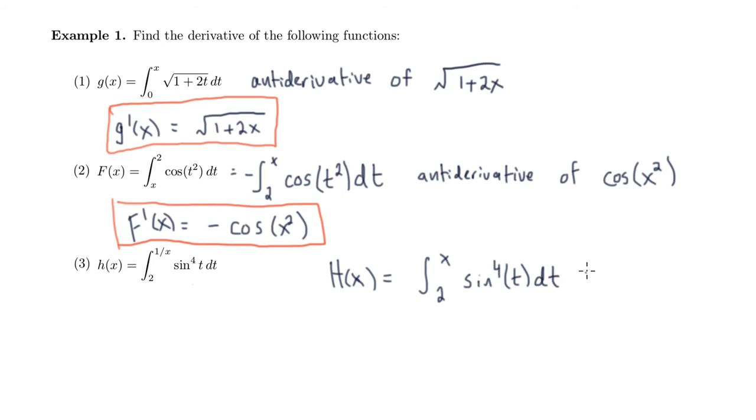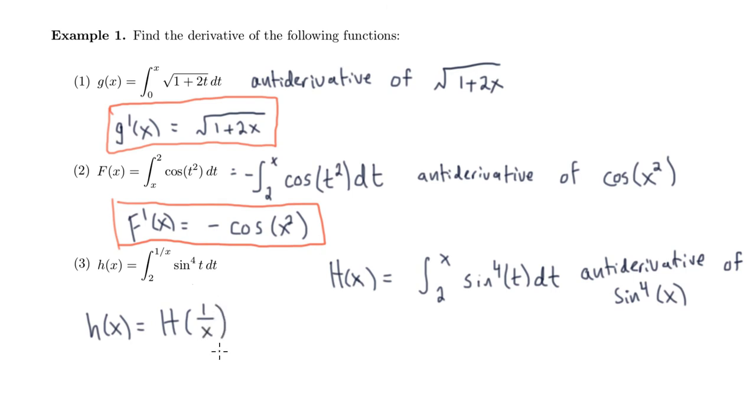And notice that this function is an antiderivative of sine to the fourth x. Alrighty. But then what is h of x? Well, h of x is a capital H of 1 over x.